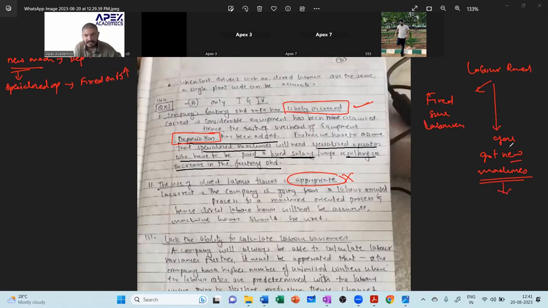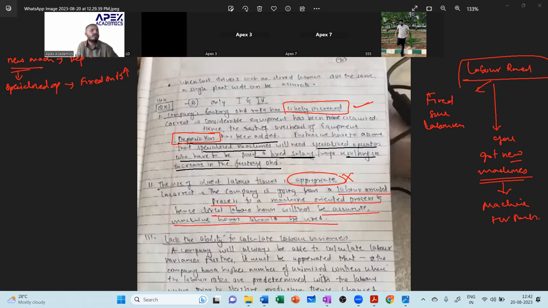If you have new machines, now labor related is not okay. You need to have machine hour rates. The company is going from a labor-oriented process to a machine-oriented process, and hence direct labor hours will not be accurate. Machine hours should be used.